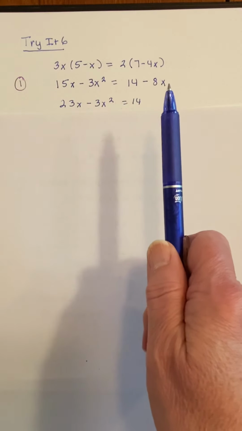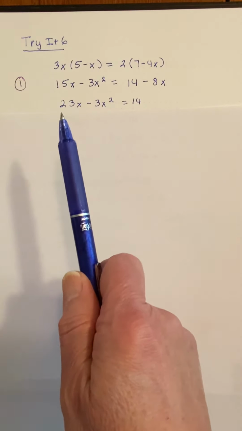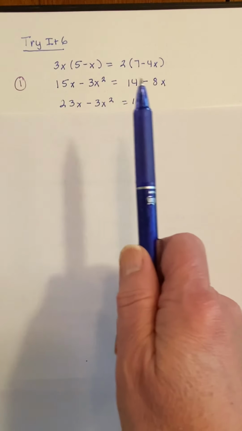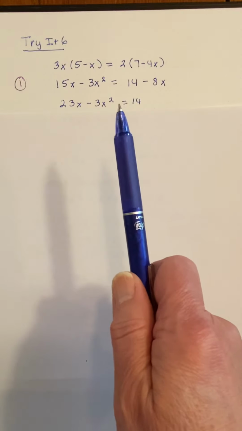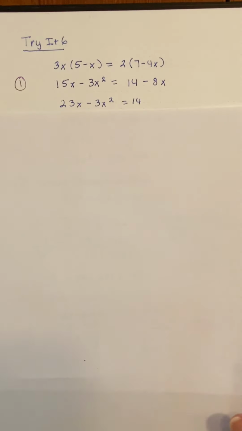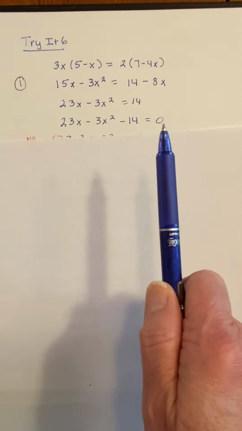So negative 8x is plus 8x, gives me 15x plus 8x is 23x. There's no x squareds to bring over, so that stays the same. Equals 14. Now I got to bring that 14 over by subtracting. And I'm left with 23x minus 3x squared minus 14 equals 0.